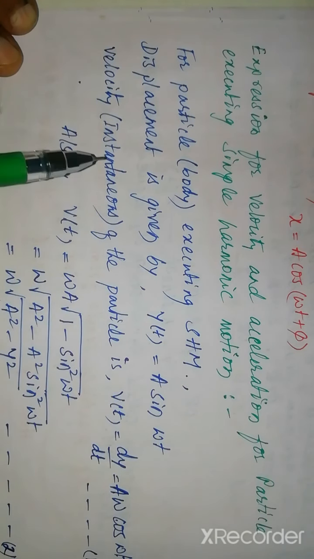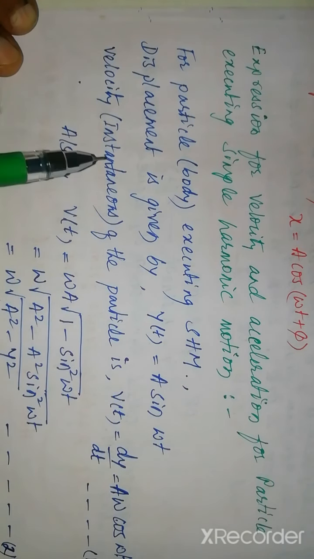Velocity varies as the particle oscillates or vibrates. The velocity of the particle is not constant, it is a variable one. Thereby we calculate the instantaneous velocity of the particle executing SHM. So the instantaneous velocity of the particle is written as v of t.